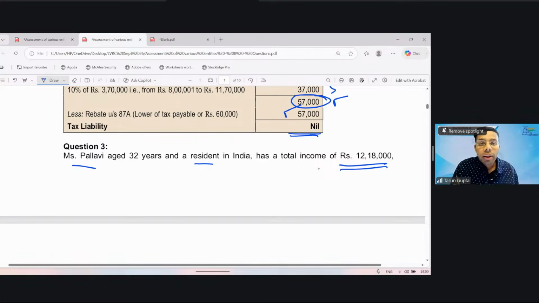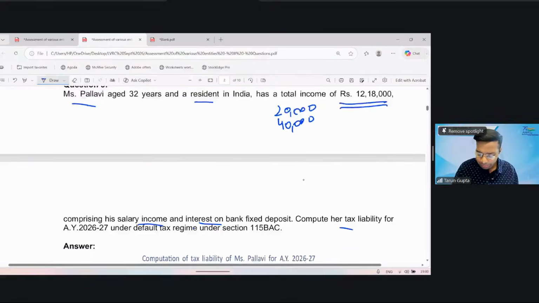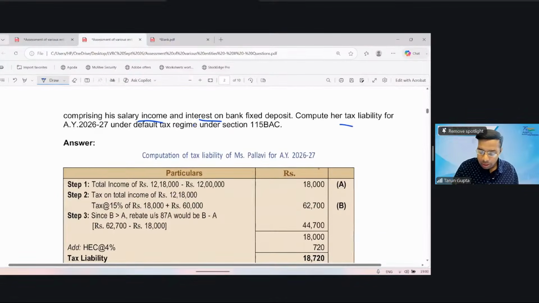So what is the tax liability? Up to rupees 8 lakh, it is 20,000. Then 8 to 12 lakh, 40,000. Then on 18,000, 15%, plus 60,000, the tax is 62,700. But in the new regime, there is a marginal relief available qua rebate as well.